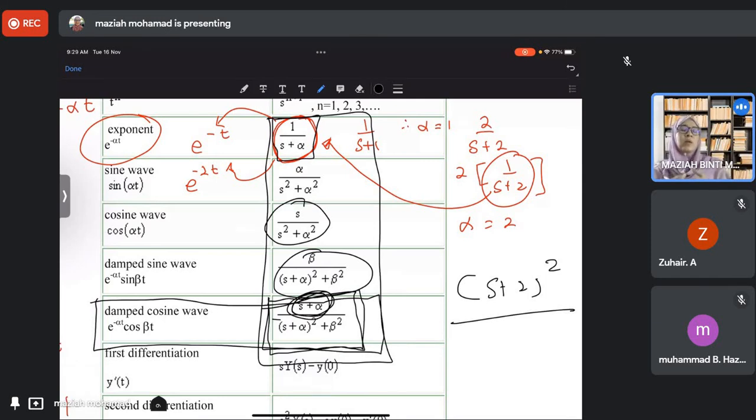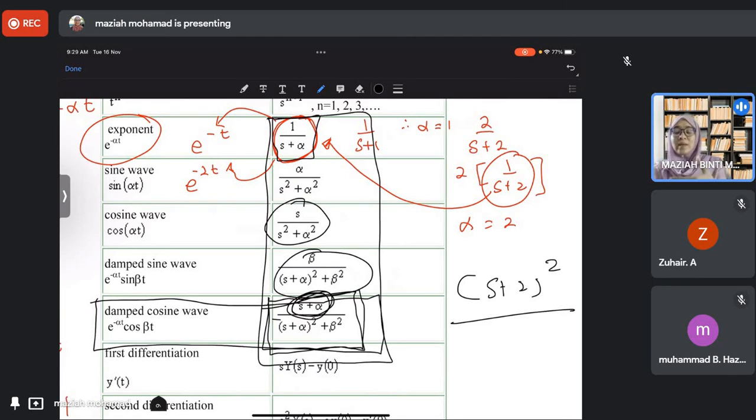Basically you won't get any very complex function like this. But it maybe can be.